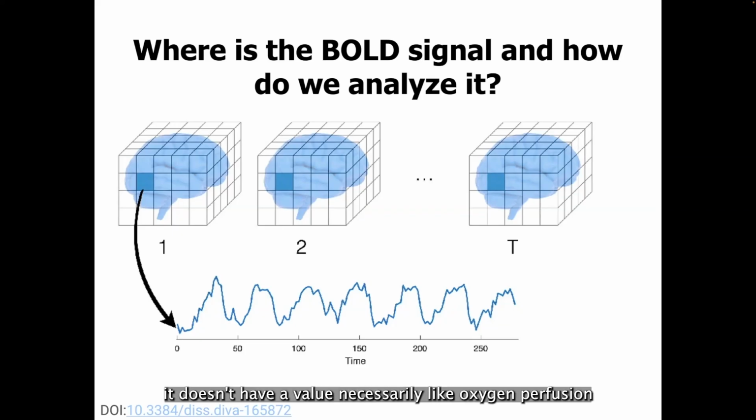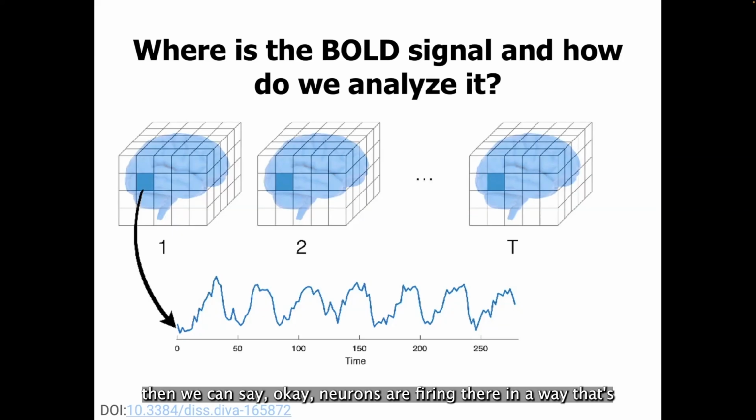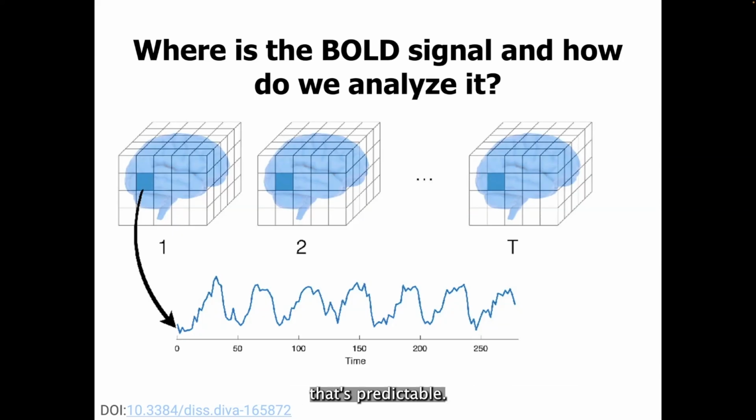It doesn't necessarily have a value like oxygen perfusion, but we can plot it in that voxel against itself to see what's happened to that signal over time. If it's changing over time in a meaningful way, then we can say neurons are firing there in a way that's predictable. And if it's not, then we could say it doesn't seem to be much meaningful change.